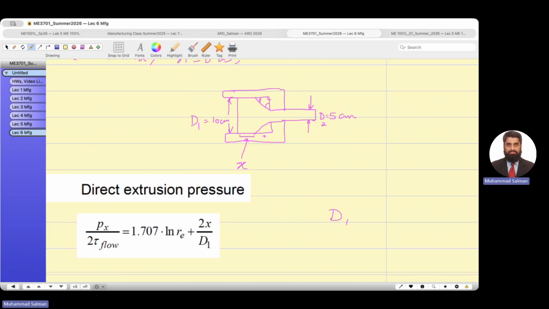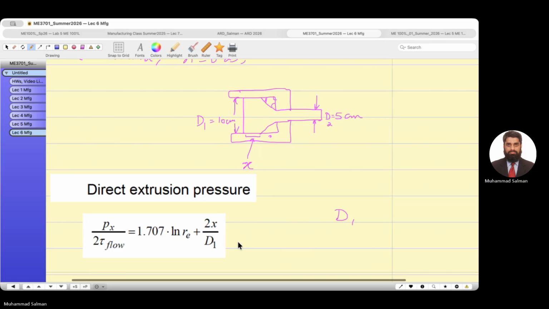Let me grab another formula for your help. This is the direct extrusion, another thing. Both are correct.